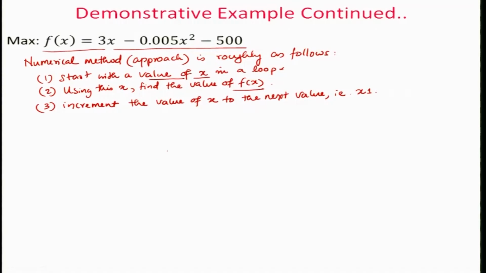Then fourth, using the new x1, find the value of f of x1. So, you first use x, find the value of f of x, then increment the value of x to x1, then using that x1 find the value of f of x1.